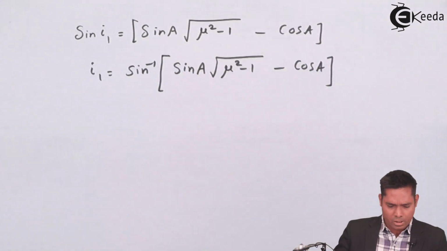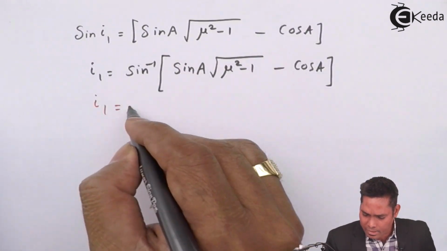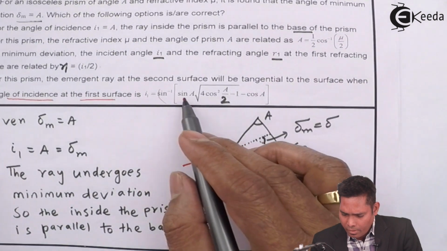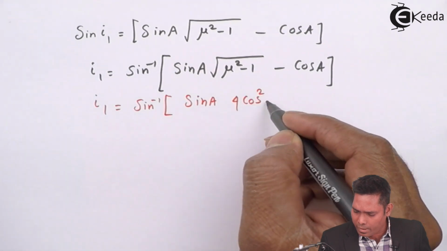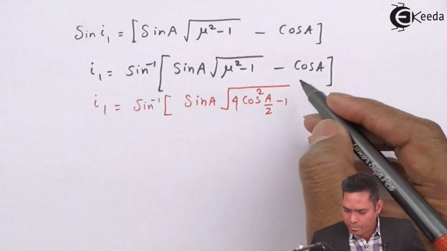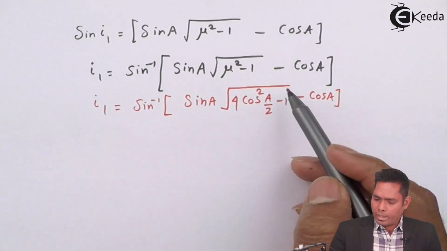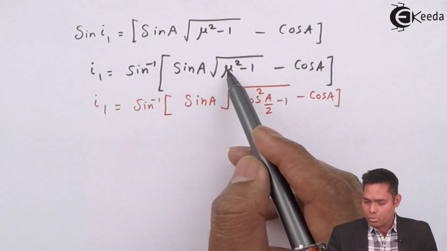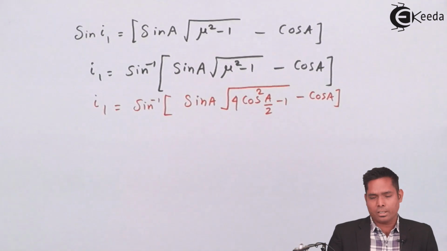What is given in the question is that I1 is sine inverse of sine of A under root of 4 cos square A by 2 minus 1, and minus cos of A. If I compare these two, if I can write this expression in terms of this expression, that means if I write mu square as this, then it is correct.